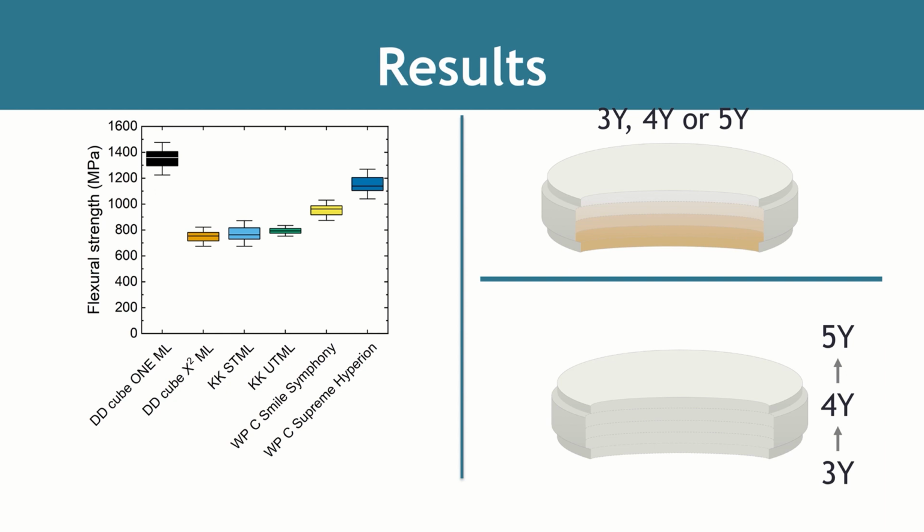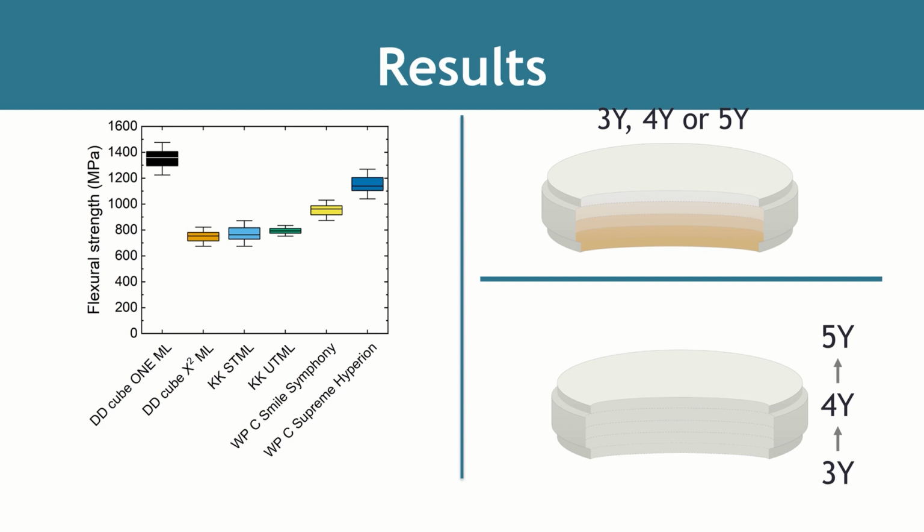We also measured in the study the flexural strength of the materials using a ball on 3 balls test setup. The results are mostly in agreement with the values reported by the manufacturers. Slight variations in our measured values compared to the values given by the manufacturers may, for example, occur due to differences in test setup and specimen geometries.